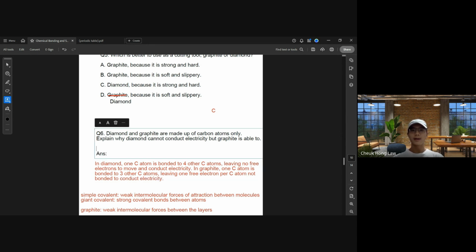So I repeat, in diamond, one carbon is bonded to 4 other carbon atoms, so there are no free electrons. But in graphite, one carbon atom is bonded to 3 other carbon atoms, so there is one free electron from each carbon atom that is not bonded. Then those free electrons all together can move and conduct electricity.